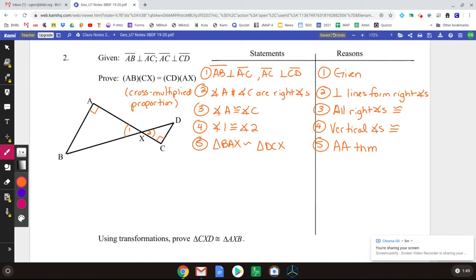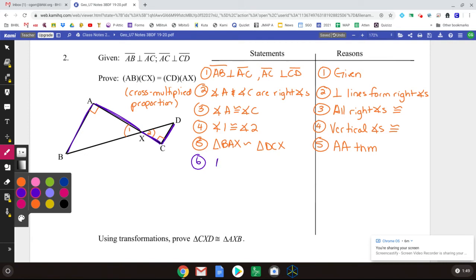Now that my triangles are similar to each other, I take a look at the sides that they're giving me. So I have AB and I have CX. They don't correspond to each other. I then have my CD and my AX.